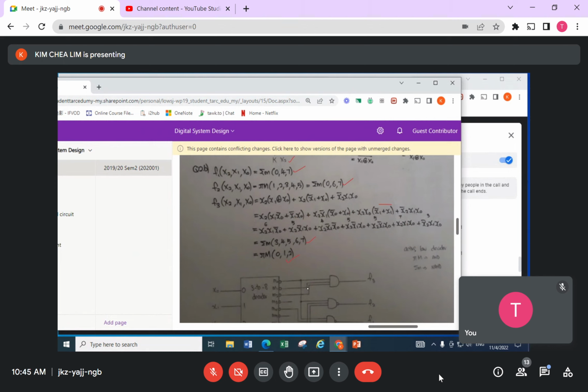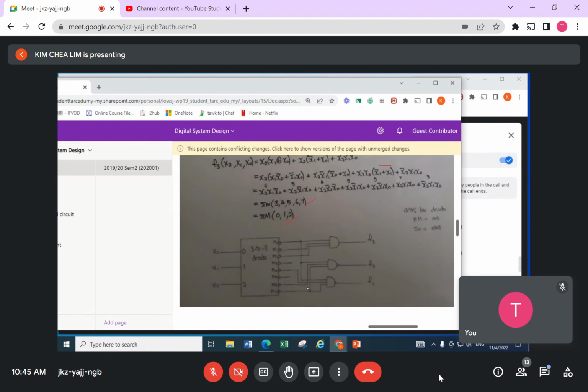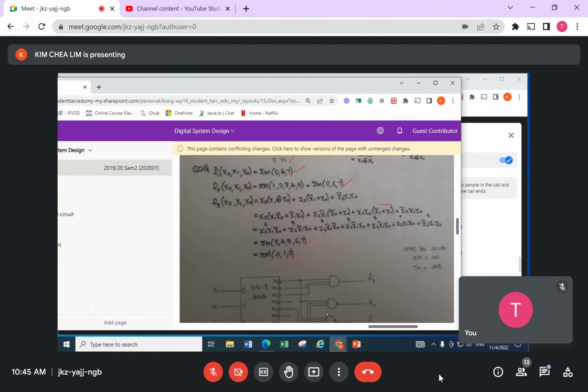So with this, seems like Chang Wai likes active low, so no problems. If this is active low here, actually we will use AND gate. F3, active low 0, 1, 2 AND gate.